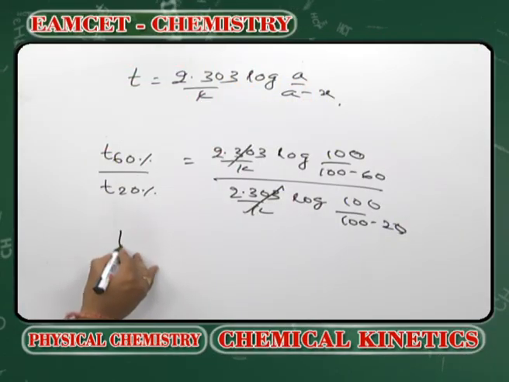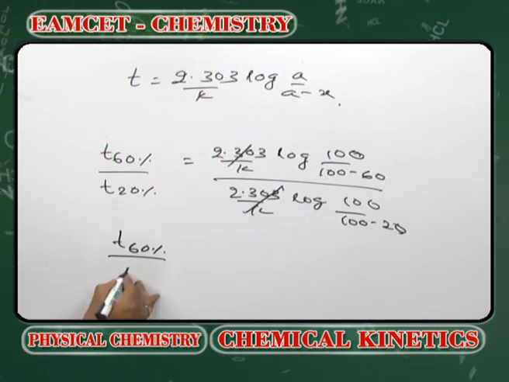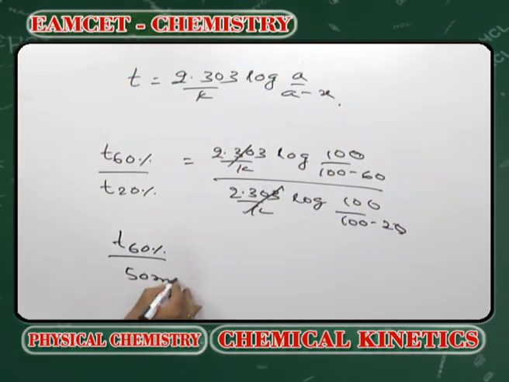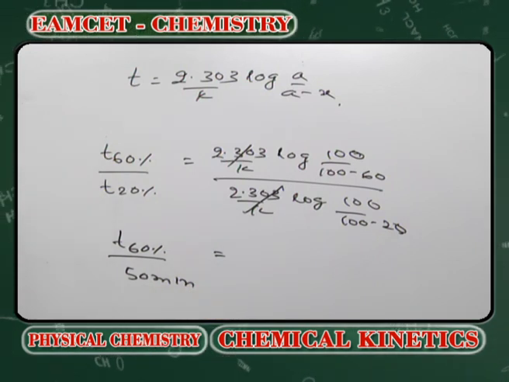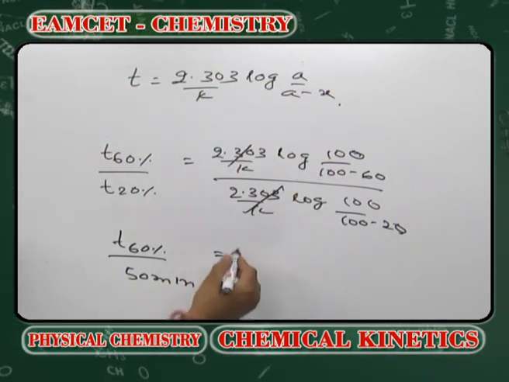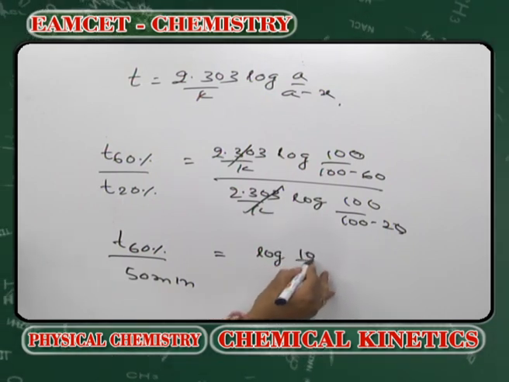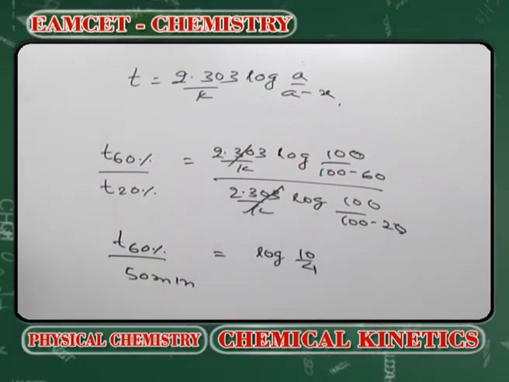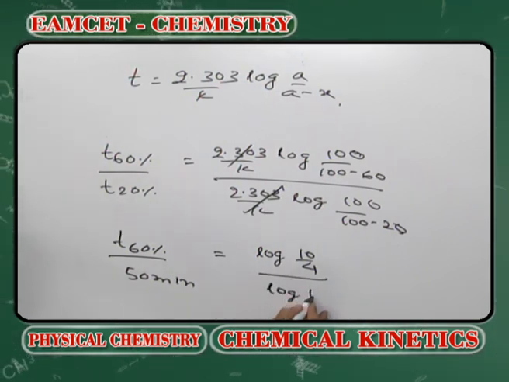What is t 60%? What is t 20% time? 50 minutes. Log 100 by 40 means log 10 by 4. Here log 10 by 8.